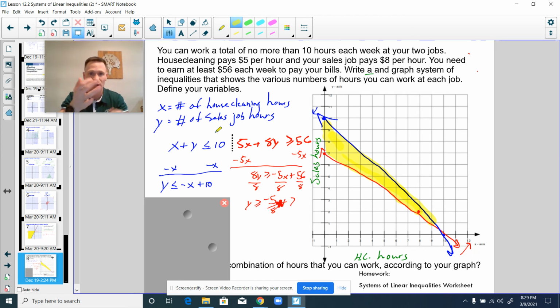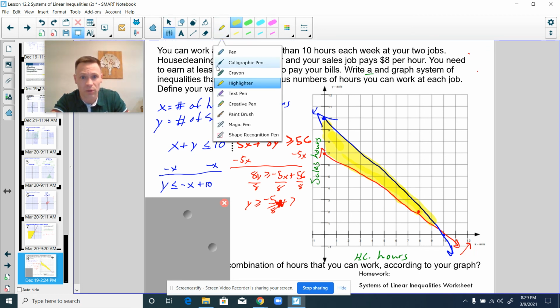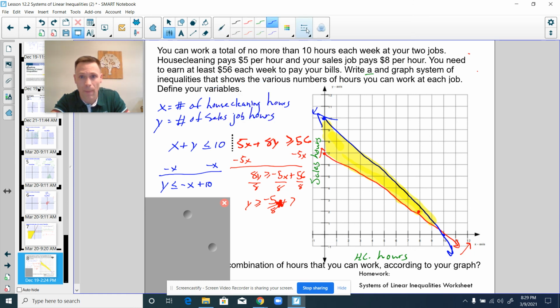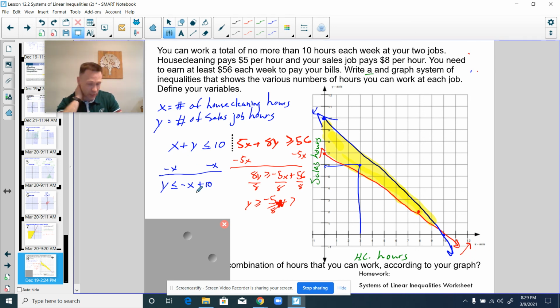No more than 10 hours, earning over 56 bucks per week. So just to illustrate that, I'm going to grab my pen. For instance, this point right here is in that double shaded region. What that means is I can work 3 hours at my house cleaning job, and I can work 6 hours at my sales job, and that would satisfy both of those constraints.